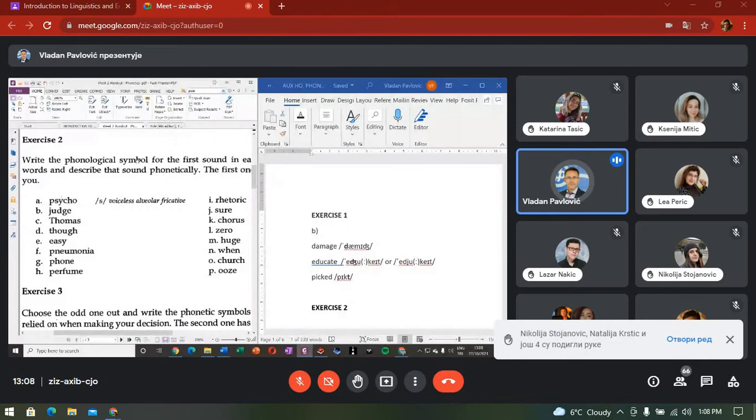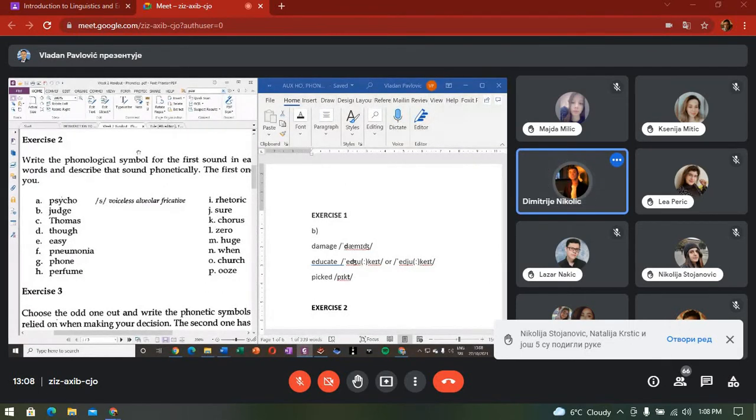Though, easy, and let's say pneumonia. So we're now discussing the th in though. And let's now not use the table for it. Okay, sure. It's also labiodental, like the last example. The th in though is not labiodental. We put our tongue interdental.